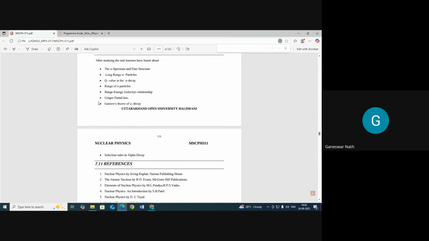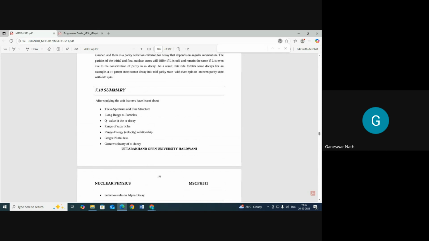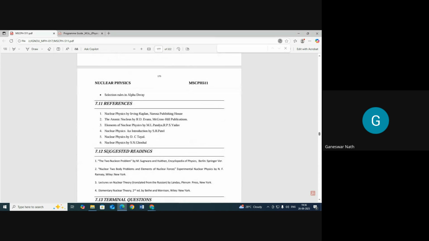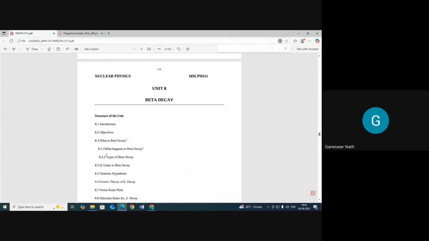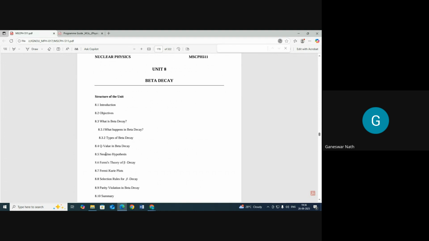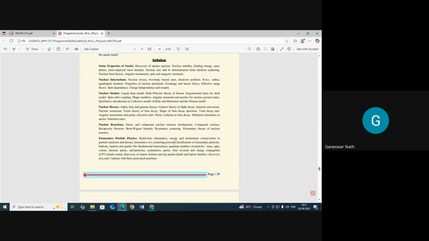So in this part we have read the gamma state of alpha decay, and also the Q value, which I have already mentioned above. Okay, then I'm coming to beta decay. First of all, you should know what beta decay is, what happens in beta decay, types of beta decay, Q value of the beta decay, and the neutrino hypothesis, as given in your syllabus under beta decay.